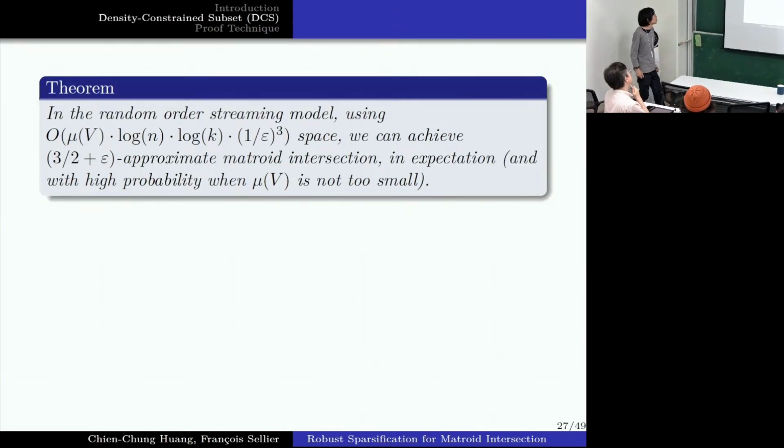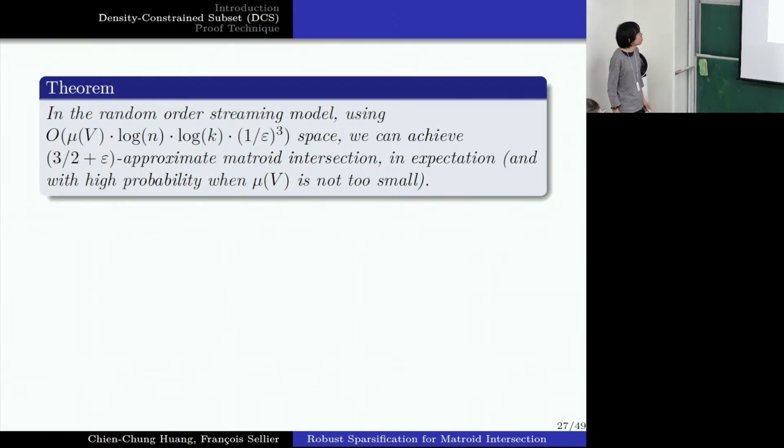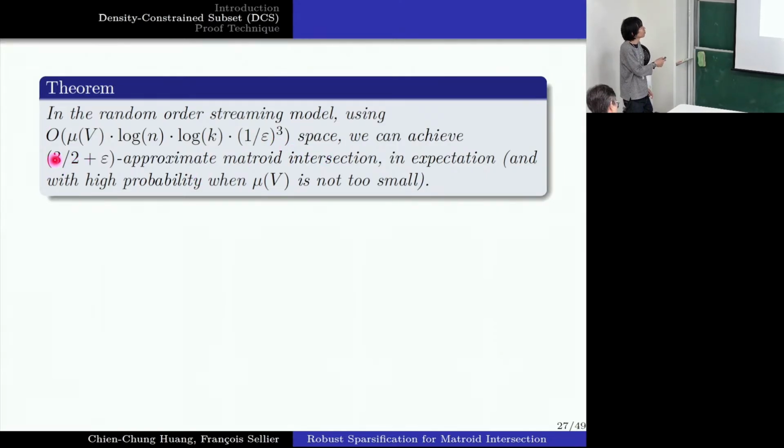So again, we managed to do similar things. You can imagine mu of V is like n, so it's roughly linear space, and we get a 3/2 approximation.